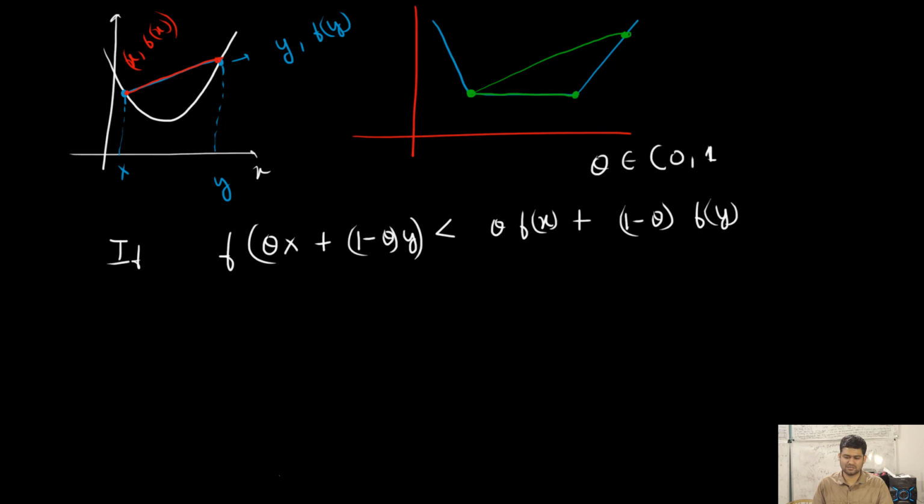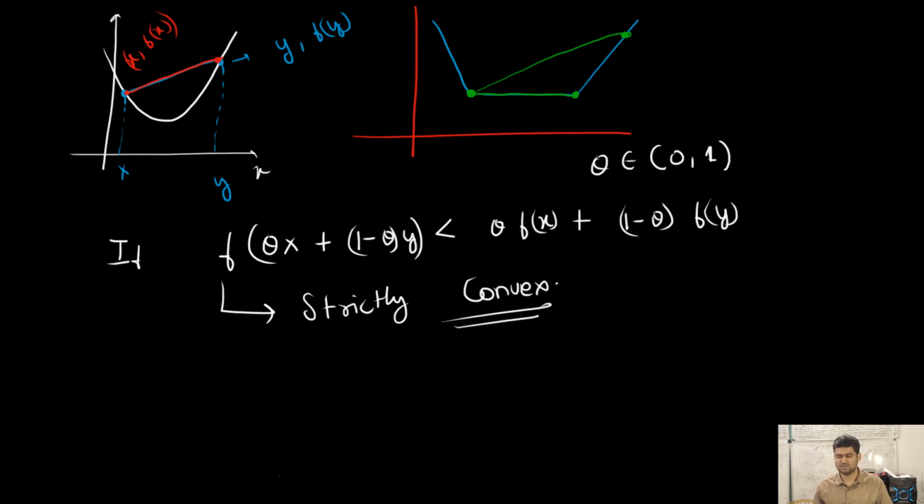Note that this is an open interval, 1 and 0 are not included. At 1 and 0 the equality would hold. So for any theta between 0 and 1, if this condition is strictly satisfied, then f is a strictly convex function, given the domain of the function is a convex set.